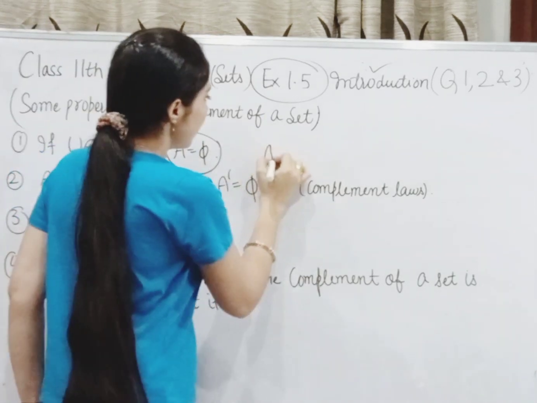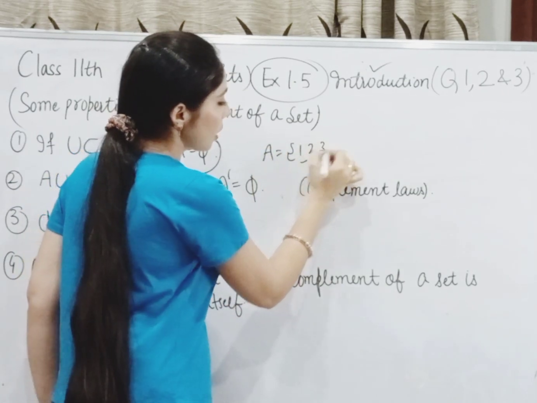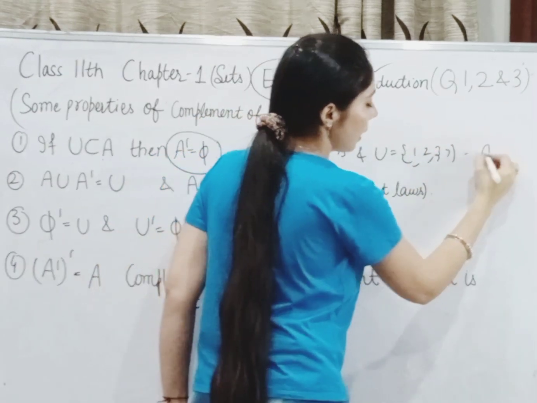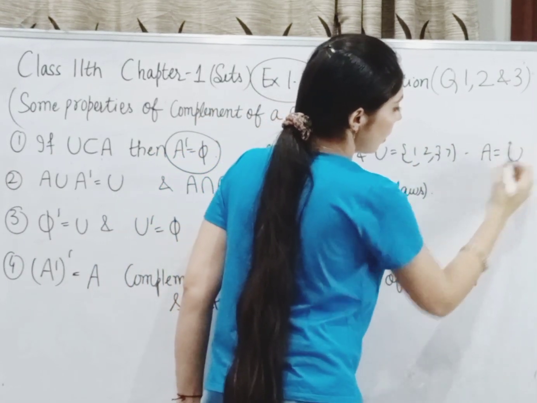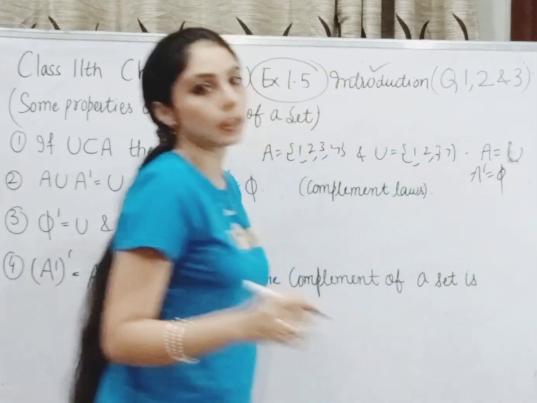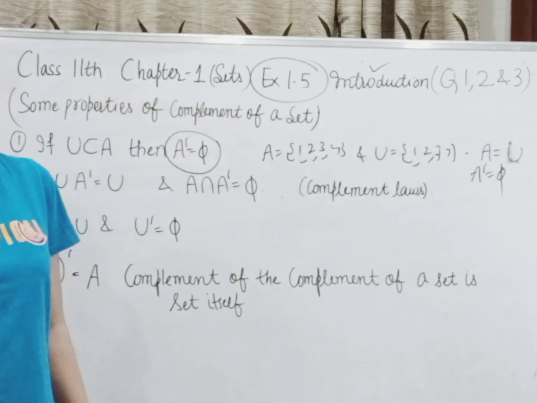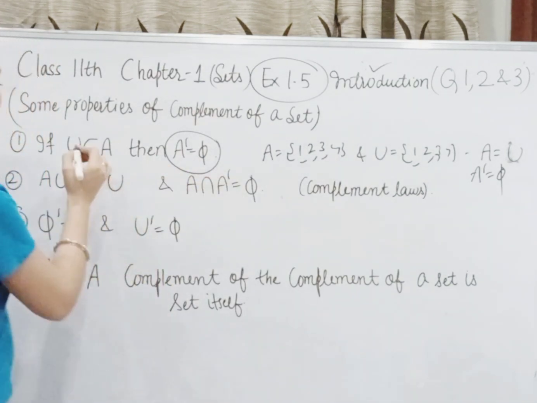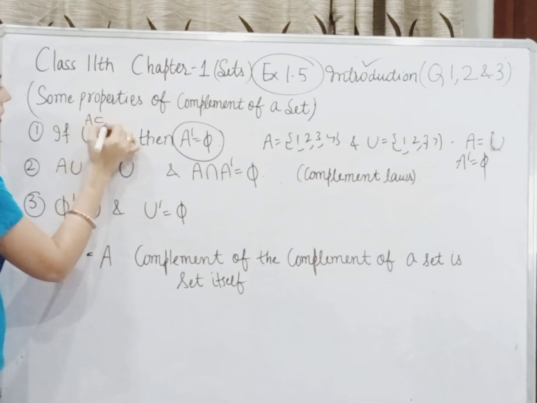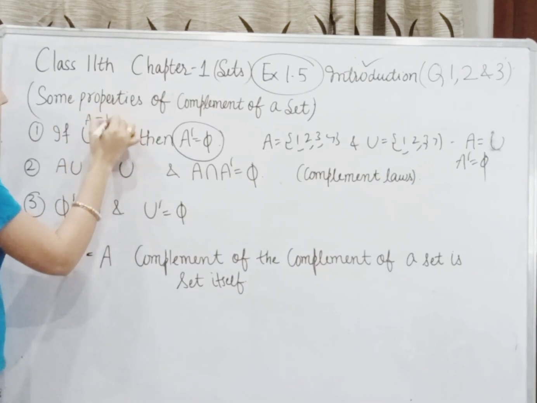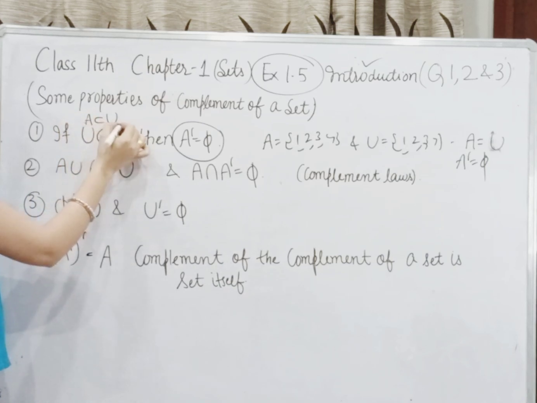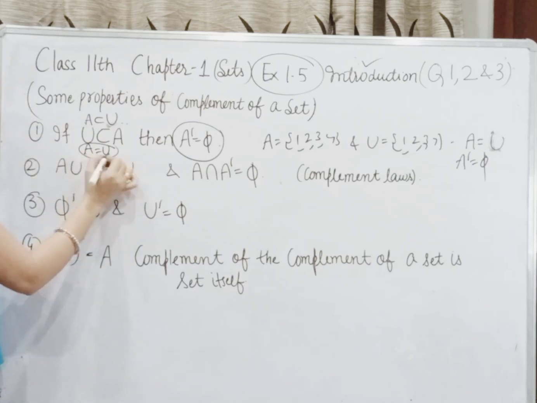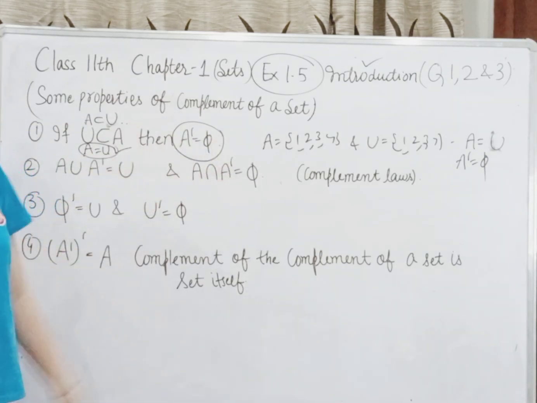As we already discussed, if A is equal to {1, 2, 3, 4} and U is equal to {1, 2, 3, 4}, then A complement will be empty because there is no element which is in U but not in A. You all know that A is already contained in U. If U is contained in A, this implies A is equal to U. If this condition holds, then A dash is equal to empty.